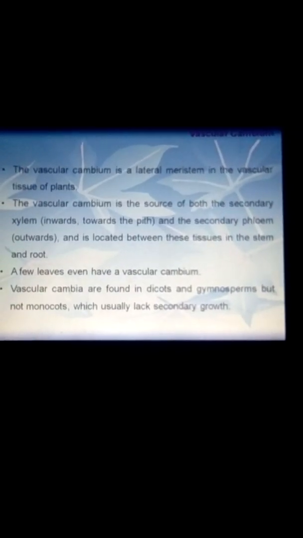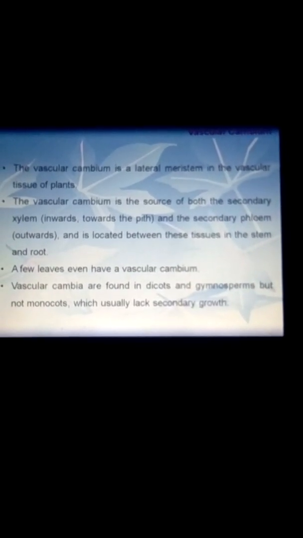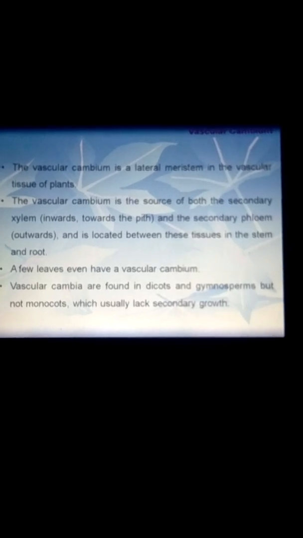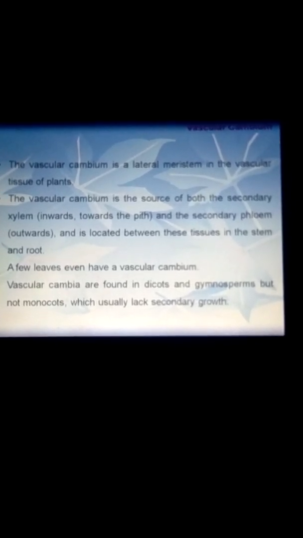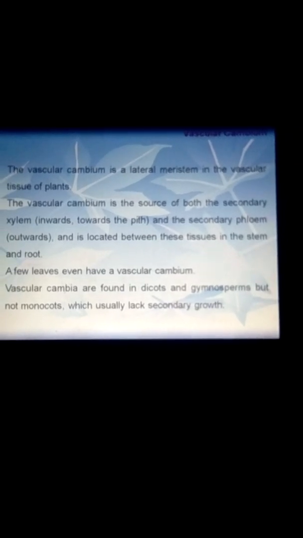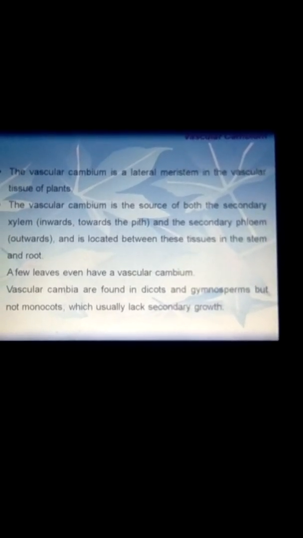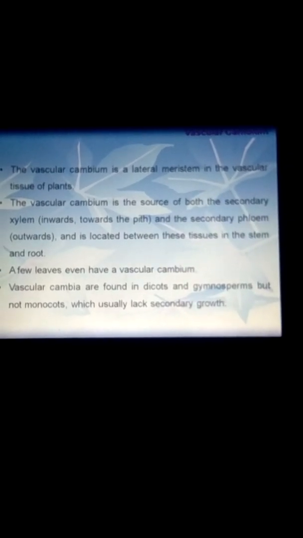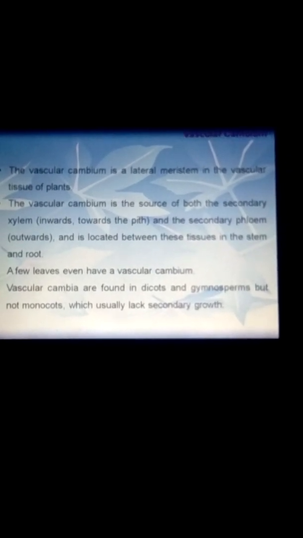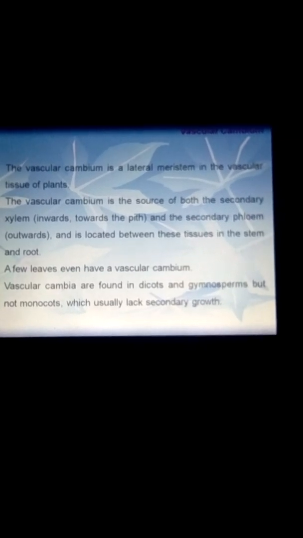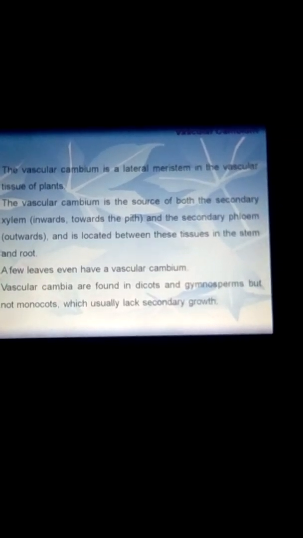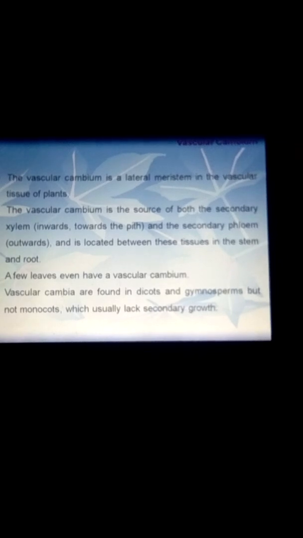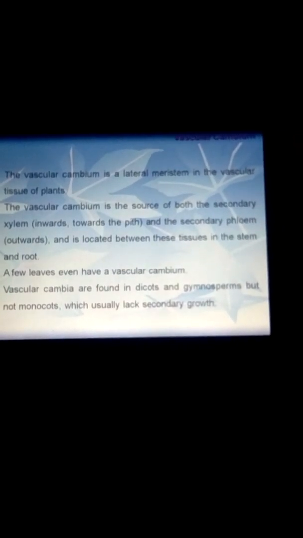Next is the second type of cambium, that is the vascular cambium. The vascular cambium is a lateral meristem in the vascular tissues of plants. That means this type of cambium is present in the vascular tissues of plants. Vascular cambium is a source of both secondary xylem inward towards the pith and secondary phloem outward, and is located between these tissues in stem and root.